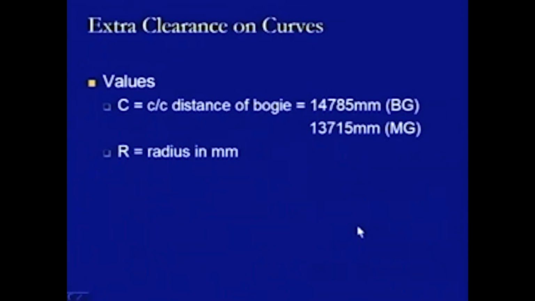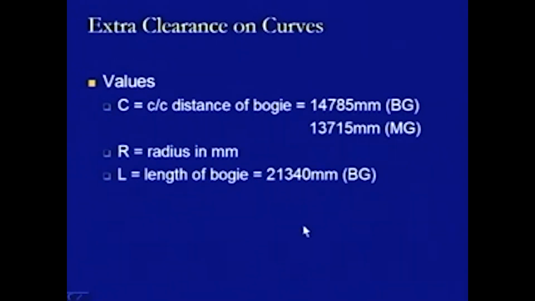R is the radius in mm. This is already defined, and the minimum radius has also been defined previously. L is the length of the vehicle, and this is 21340 mm in the case of a broad gauge vehicle, and 19510 mm in the case of a meter gauge vehicle.